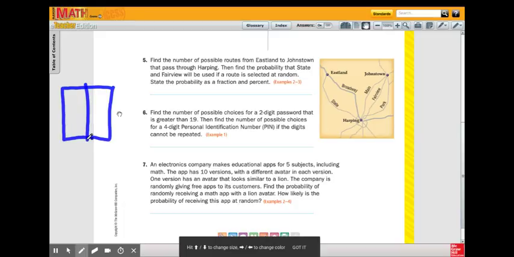How many numbers could there be in the first part? How many numbers could there be in the second part? It's got to be higher than 19. Interesting. And then it says find the number of possible choices for a 4-digit personal identification number if the digits cannot be repeated. Wow, that's pretty interesting.